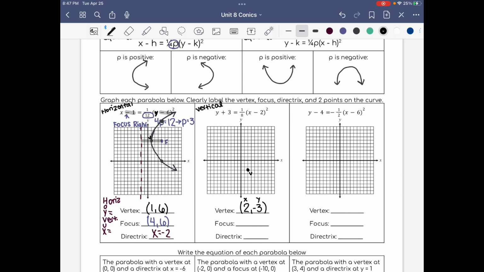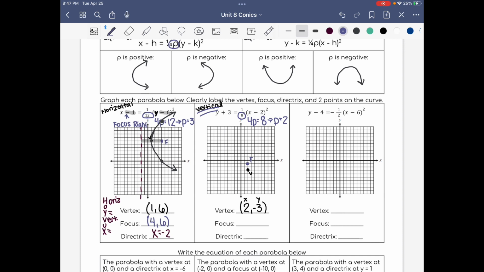Then, if the bottom of the fraction is 4p, then 4p equals 8. And if 4p equals 8, then p equals 2. And when we move 2 units to find the focus, I have to do that in the vertical direction. So up 2.